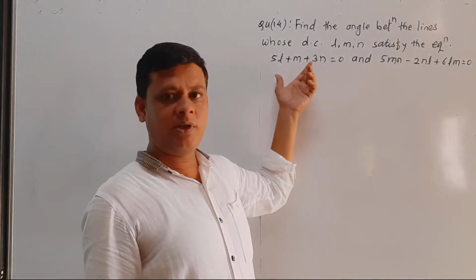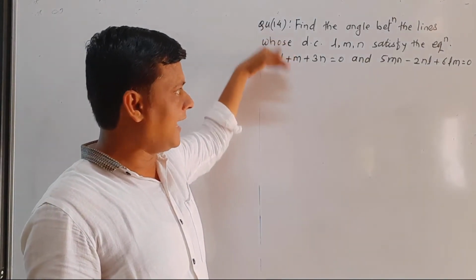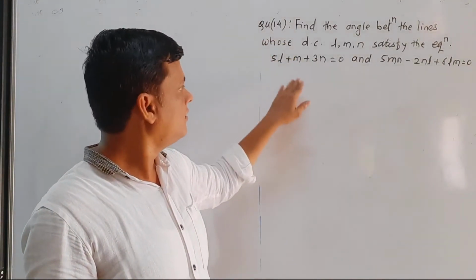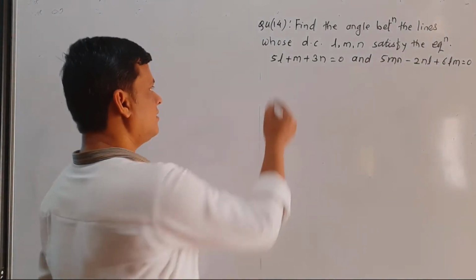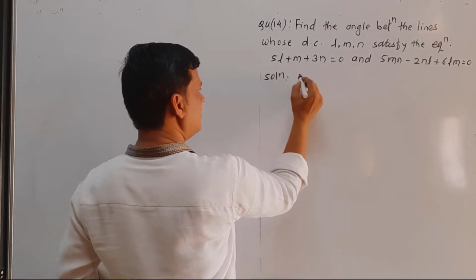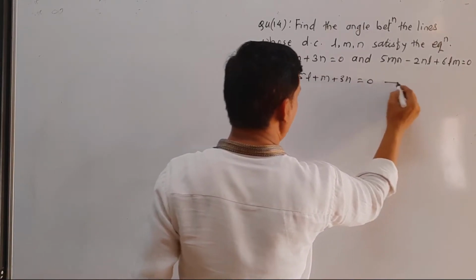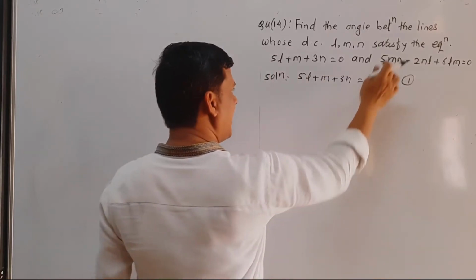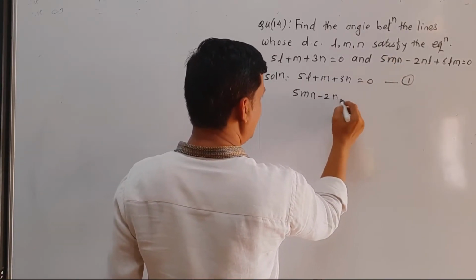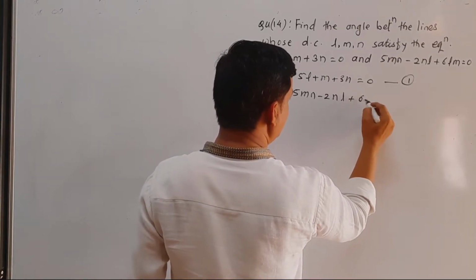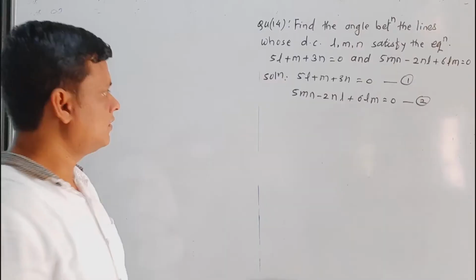A relation between the direction cosines is given, so we have to find the direction cosines from these two equations. So we denote the first equation as equation number 1, and this as equation number 2.